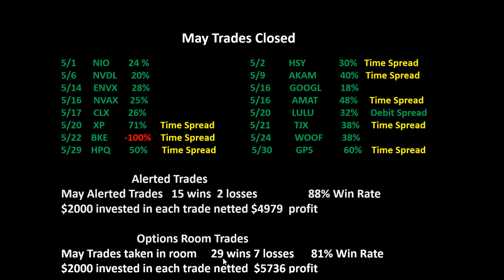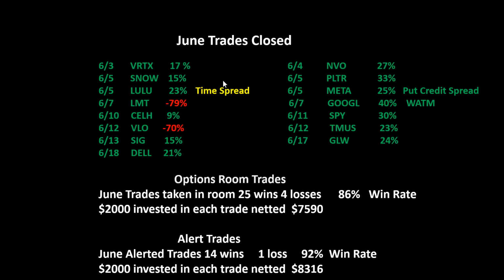This was the room, 29 and 7, 81% win rate, $5,700 in profit. June trade, same thing here. I won't beat this to death. I just want you to see the consistency. In the room here, 25 and 4 for an 86% win rate, $7,590. And alert service, 14 and 1, 92% win rate. We actually made more money in the alert service in June than we did in the room.